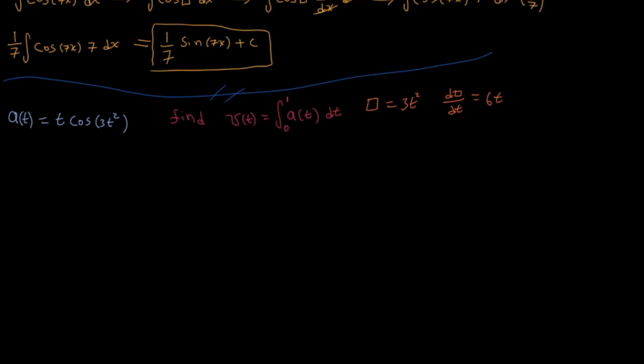And then we're going to start working on our integrand. We're asked to find it from the interval 0 to 1, so that means it's asking for a definite integral, compared to the previous question where it was asking for an indefinite integral. And so we will write the integral from 0 to 1 of t cos 3t squared dt.